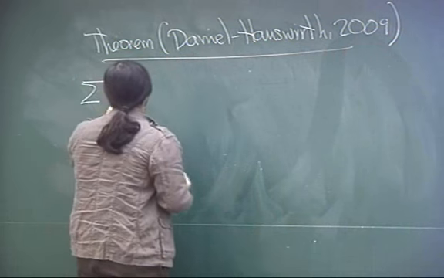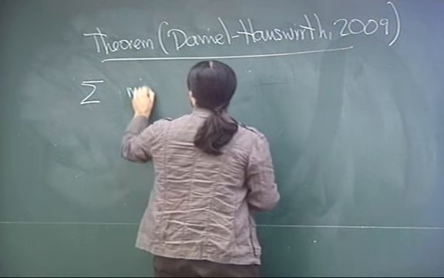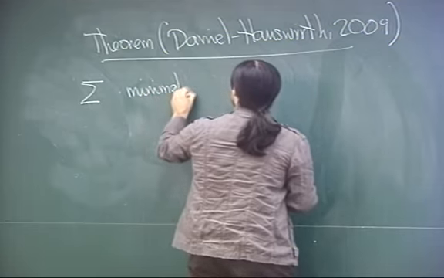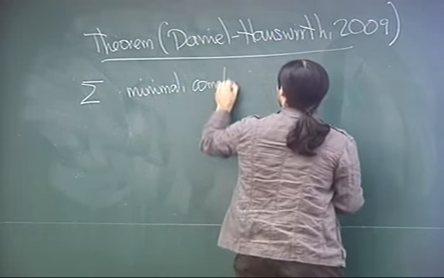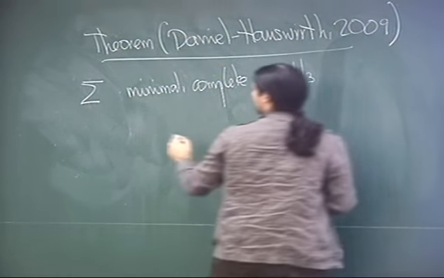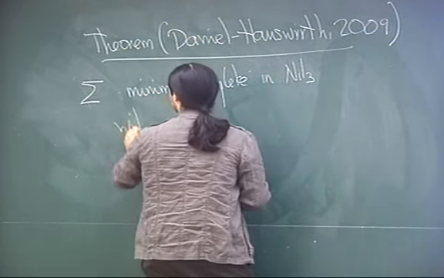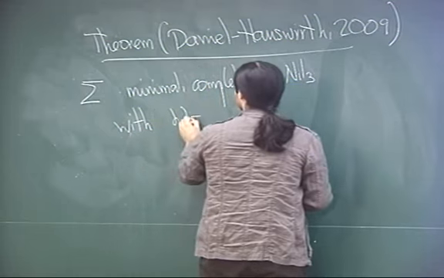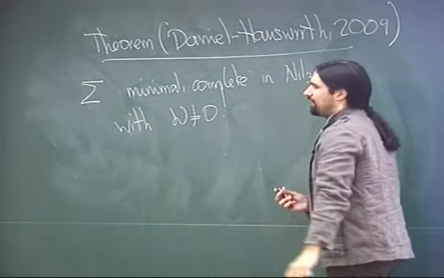Assume that you have sigma, a minimal complete surface in Heisenberg space, and you assume that it also has non-zero angle function.